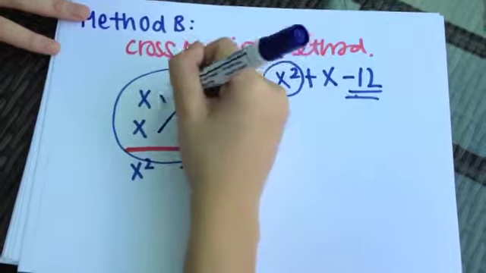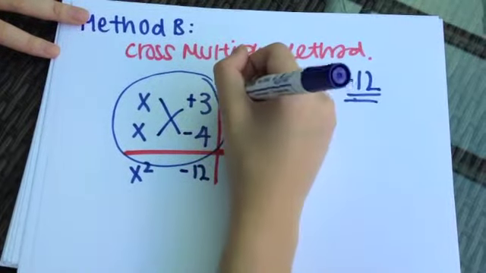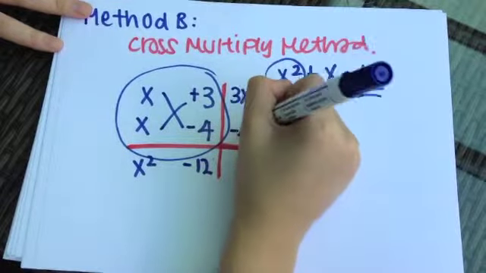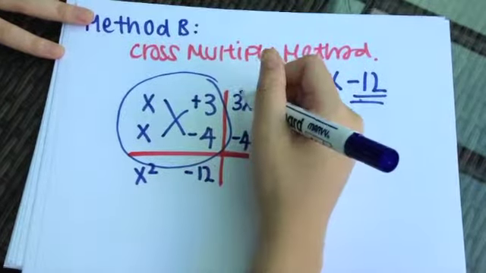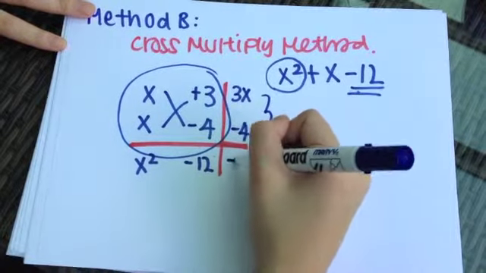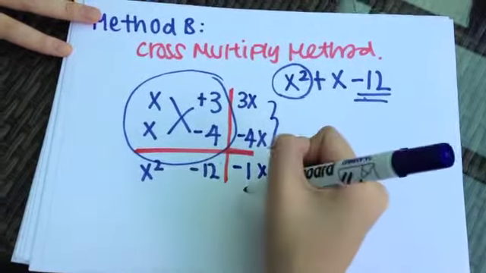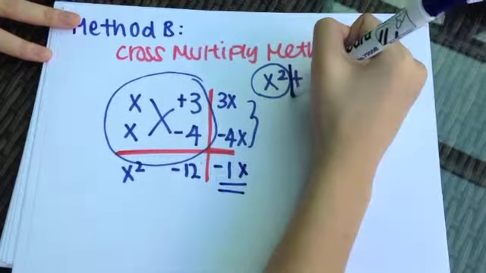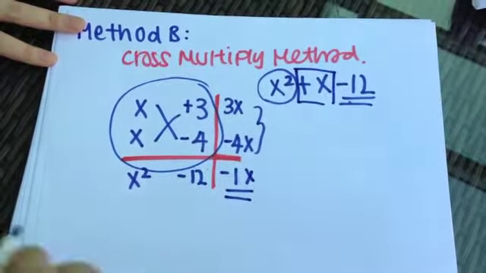So you cross multiply it over, and you'll get a positive 3x and a negative 4x. If you add this up, you'll get a negative 1x, which for this case is not the right answer because the expression says a positive x.